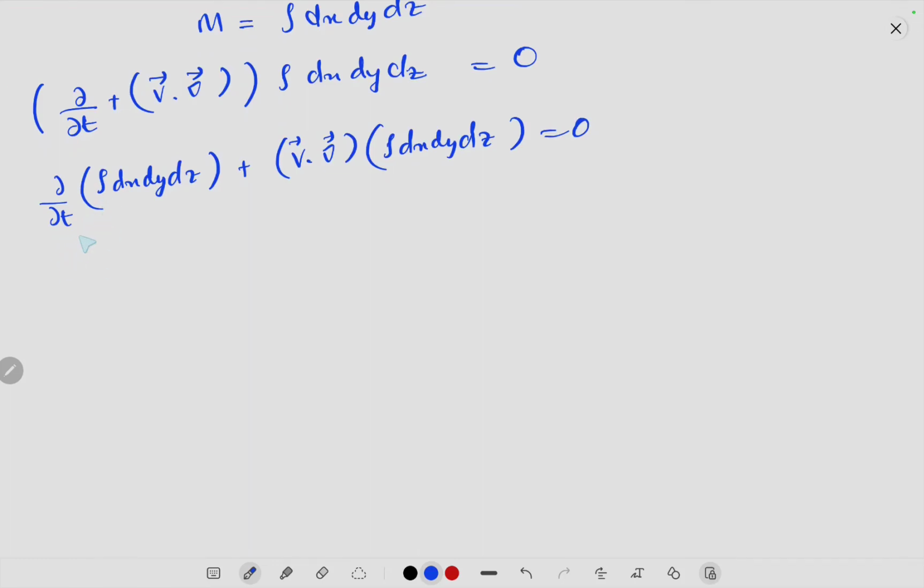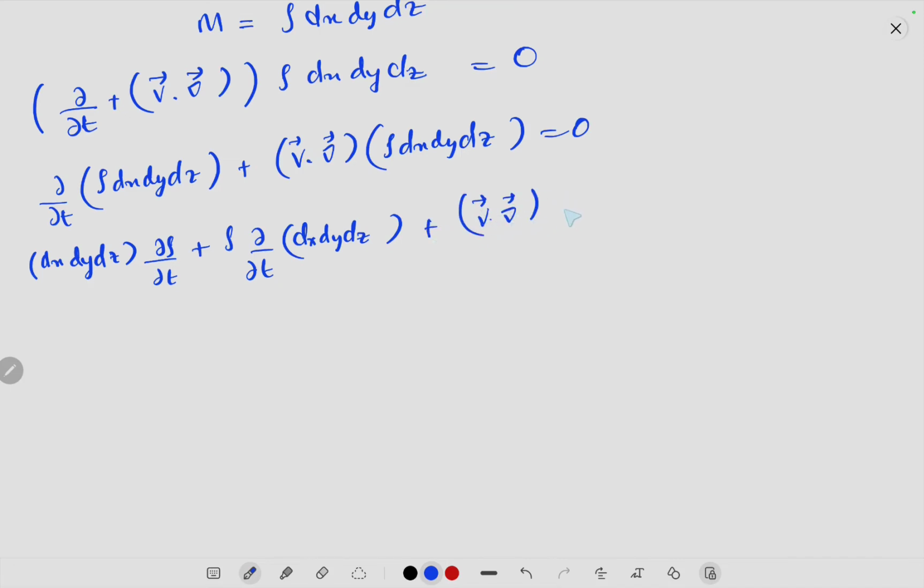Okay, now I can write this as del rho by del t dx dy dz plus rho del by del t dx dy dz plus v dot del rho dx dy dz equal to 0.